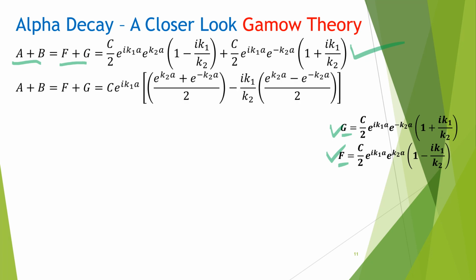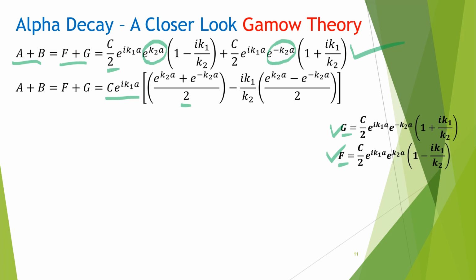Then here you can take C e to the power I k1 a common. You can take 2 inside the bracket. We have e to the power plus k2a, e to the power minus k2a divided by 2, so that we can lead to hyperbolic functions.